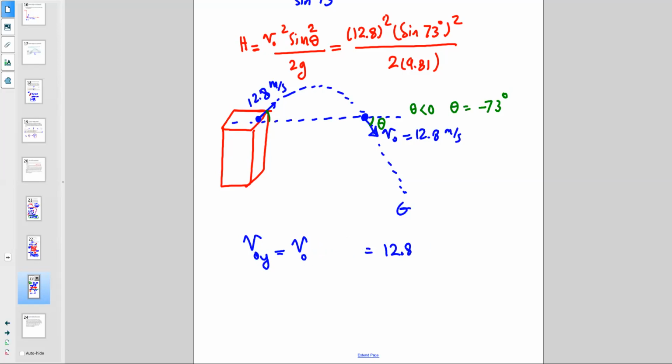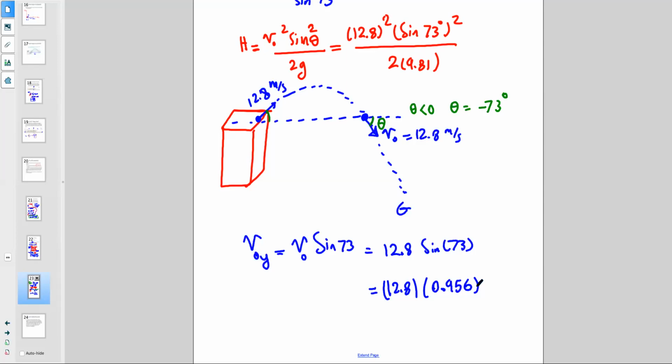So 12.8 times sine of 73, and if I calculate that, I will get 12.8 times 0.956.